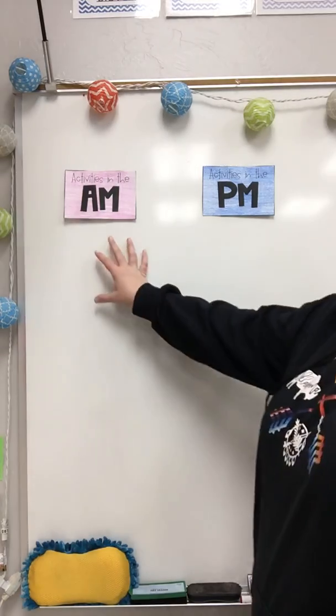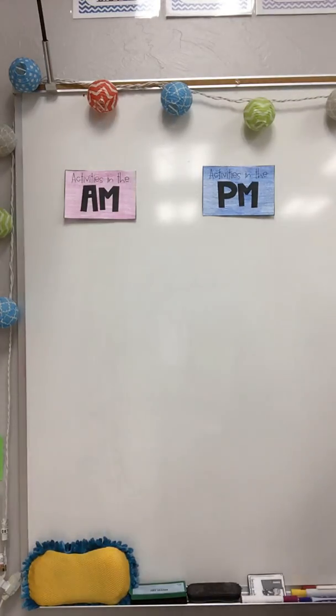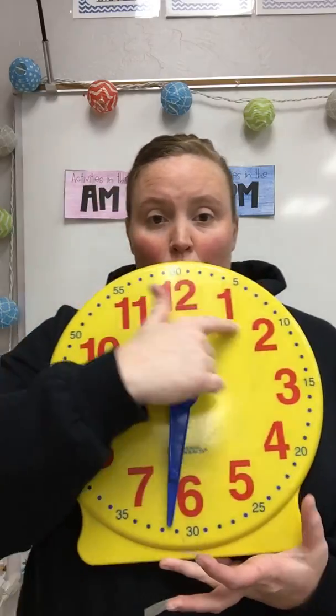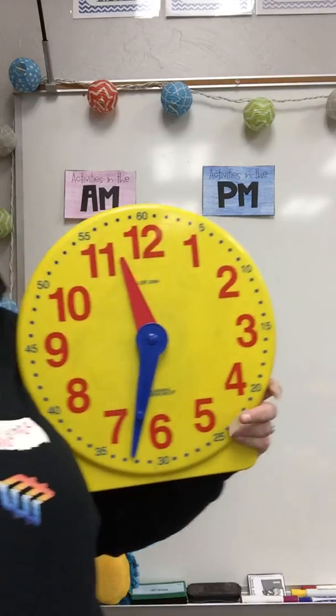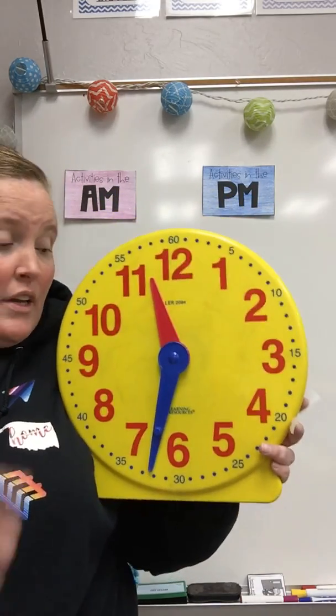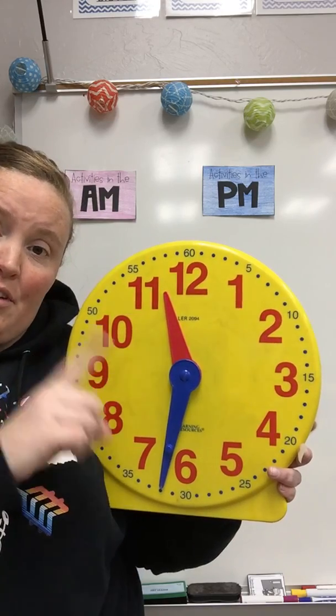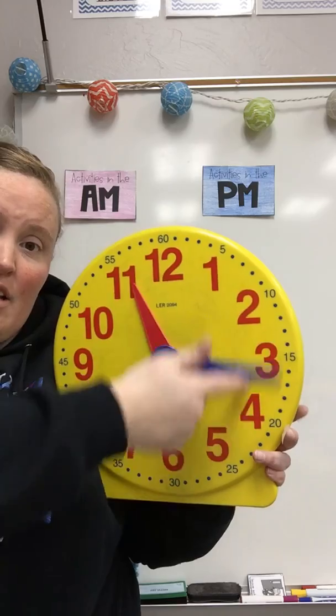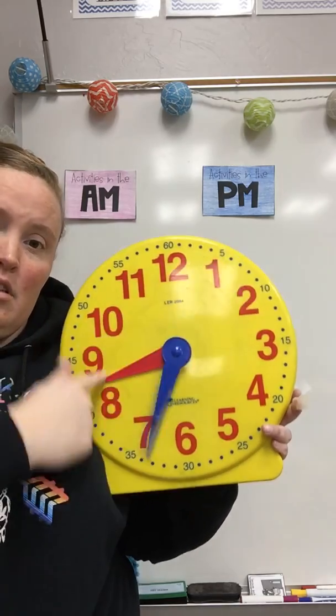Okay, we're going to talk about something new real quick. The terms AM and PM, okay? So, this clock right here has how many numbers? It goes from 1 to 12, right? But there are 24 hours in one day. So, they use the clock for 2 times during one day. Okay, so this thing goes all the way around the hour.